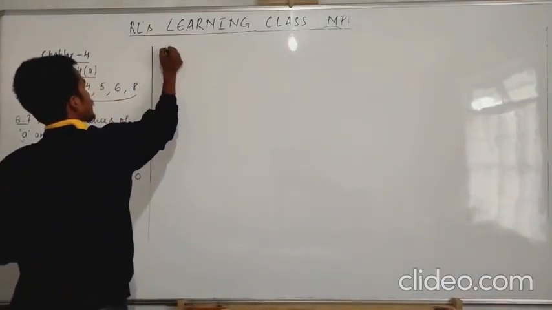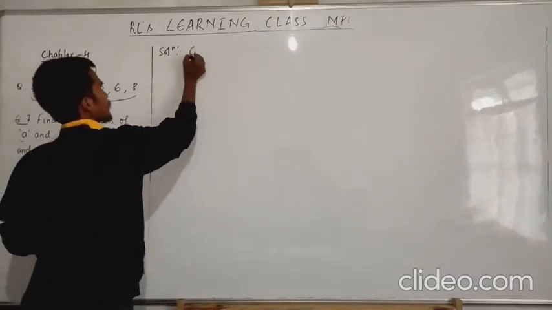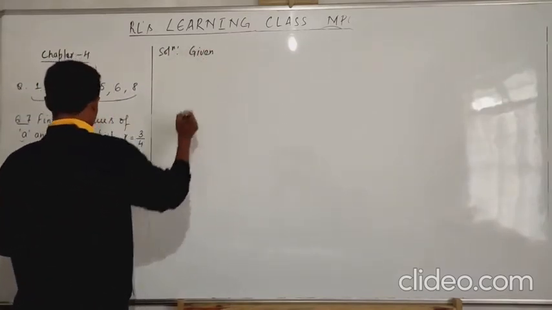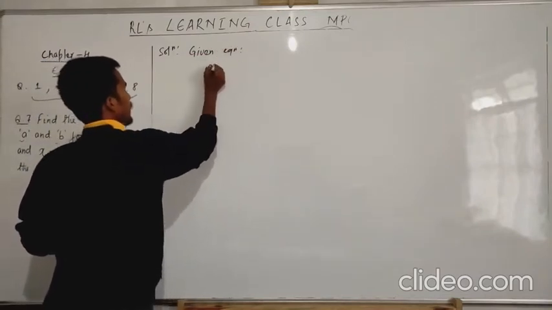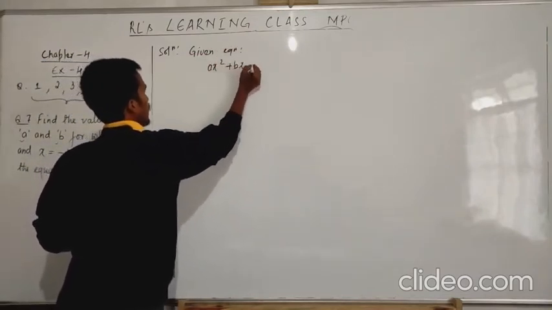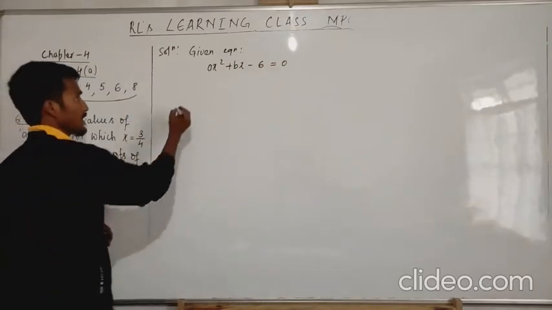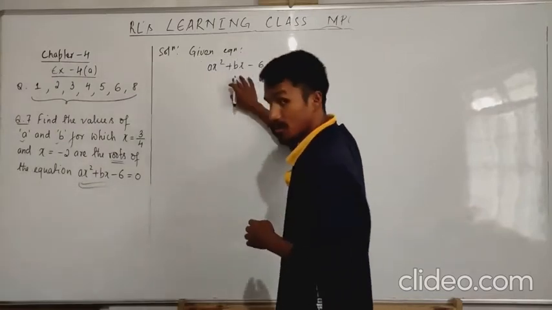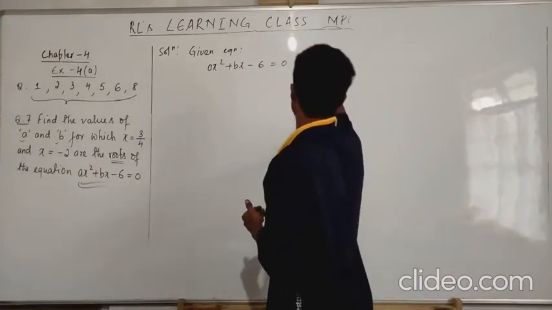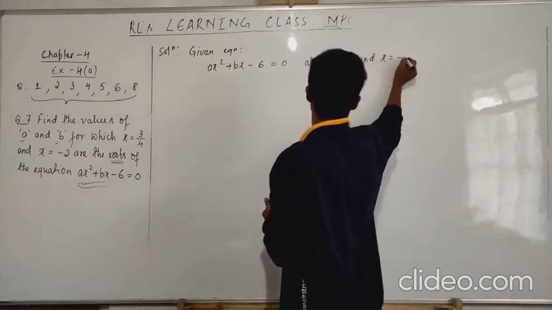Okay, solution for this question. Okay, I'll do it like this. Given the equation ax squared plus bx minus 6 equal to 0, it has solutions at x is equal to 3 by 4 and x is equal to minus 2.